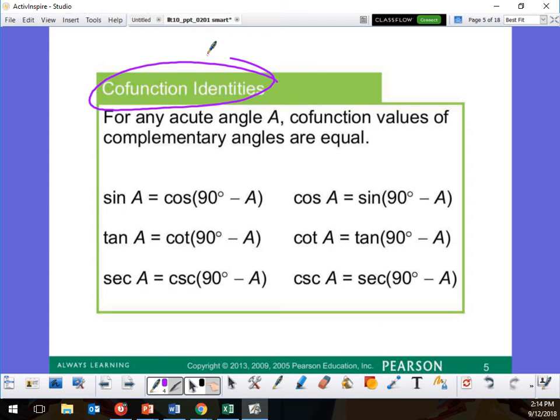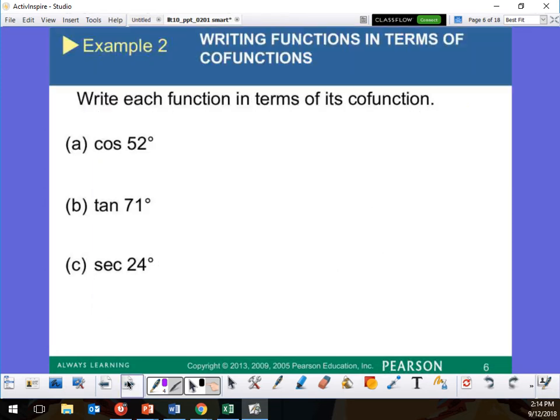Okay, so now let me give you the definition for this. If I give you a visual representation, it might help you out on this. I know in a right triangle, all three angles have to add up to what? 180.